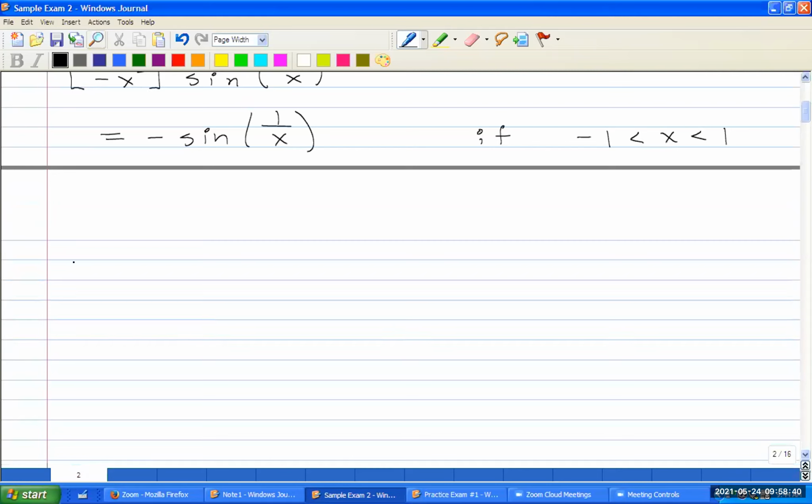And so the derivative at 0 is the limit as h approaches 0 of f of 0 plus h minus f of 0 over h.